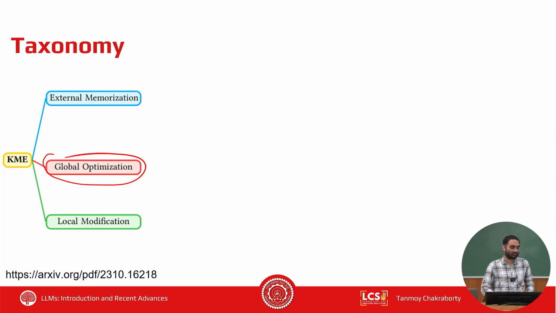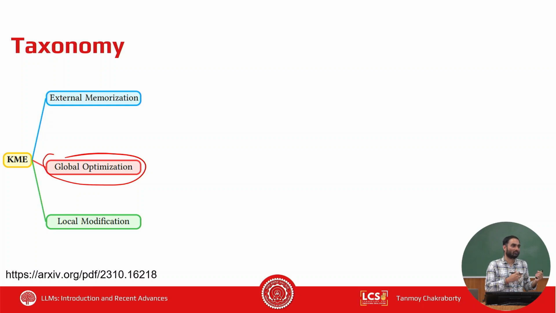The second approach is you think of some additional memories. You have the LLM's own memory, which is all these neurons. You think of additional memories, and you store the updated knowledge into the additional memory.